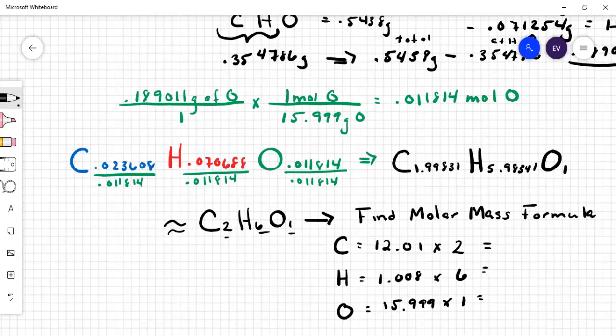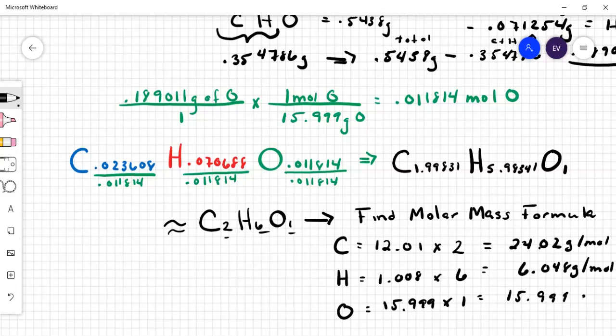12.01 times 2 gives me 24.02 grams per mole. 1.008 times 6 gives me 6.048 grams per mole. And then obviously this doesn't change, that gives me 15.999 grams per mole.